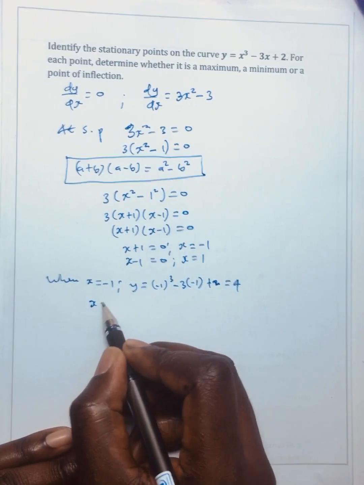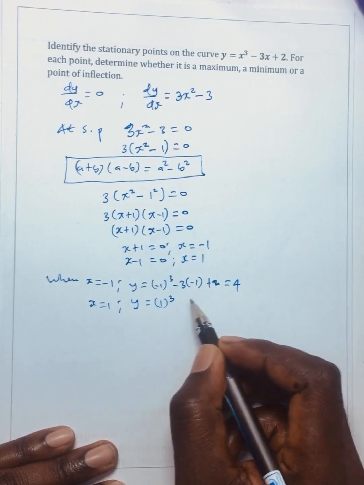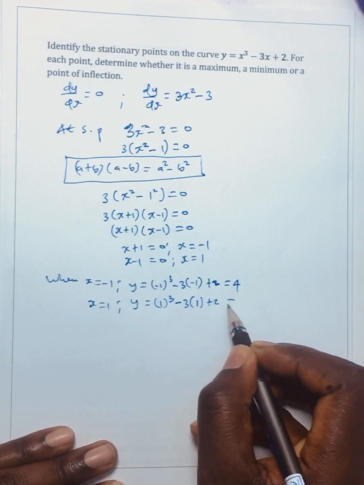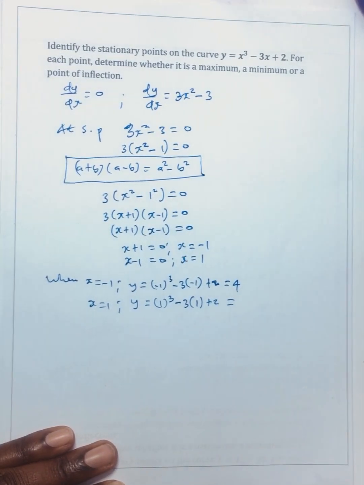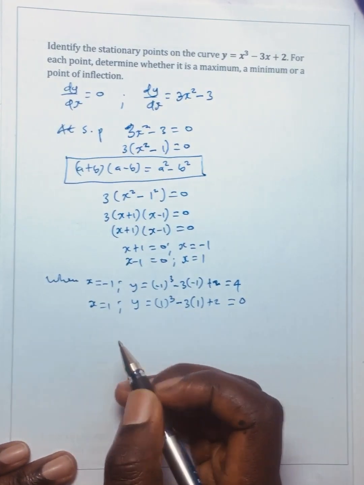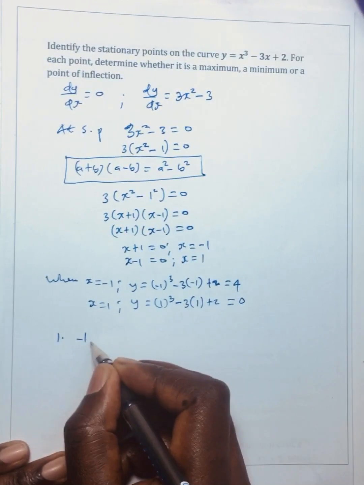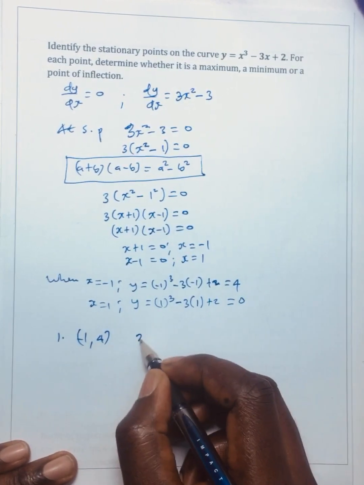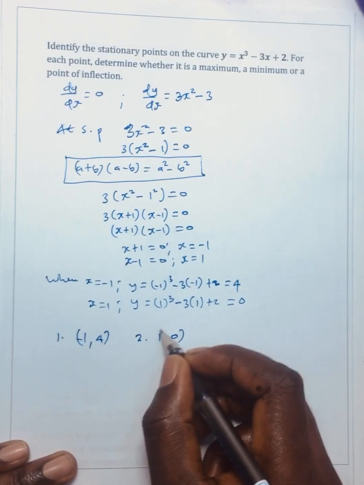Then when x is equal to 1, y will be 1 cubed minus 3 into 1 plus 2. So that is 1 minus 3 plus 2. That is 0. So it means the stationary points are, the first one is when x is negative 1 and y is 4, and the second one is when x is 1 and y is 0.